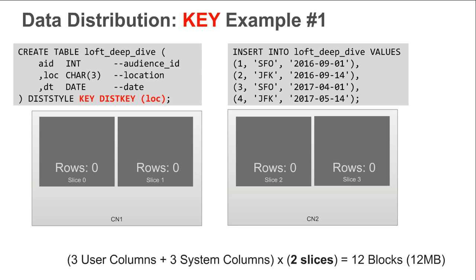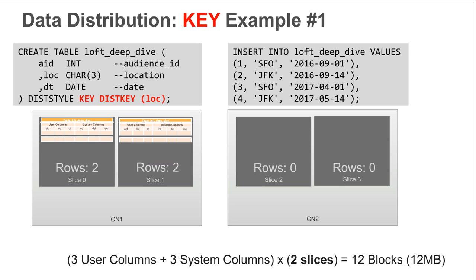If you look at the data we're inserting, we have SFO, JFK, SFO, JFK, some airport codes it looks like. If we distribute on this, we're going to get something that looks like this. This is an example of picking a bad distribution key. Because there are only 2 unique values in that incoming data, we can only distribute to 2 of the 4 slices in this cluster.